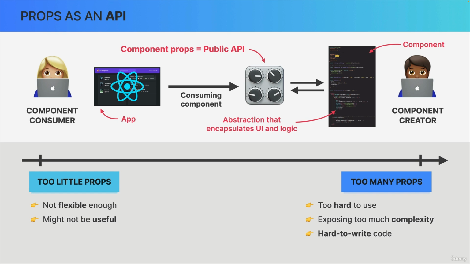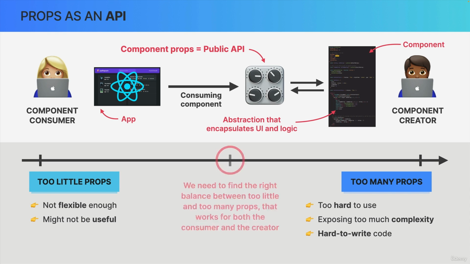So when deciding on the right API for your components, try to strike the right balance between too little and too many props, and a balance that works well for both the creator and the consumer of the component based on the project's needs.